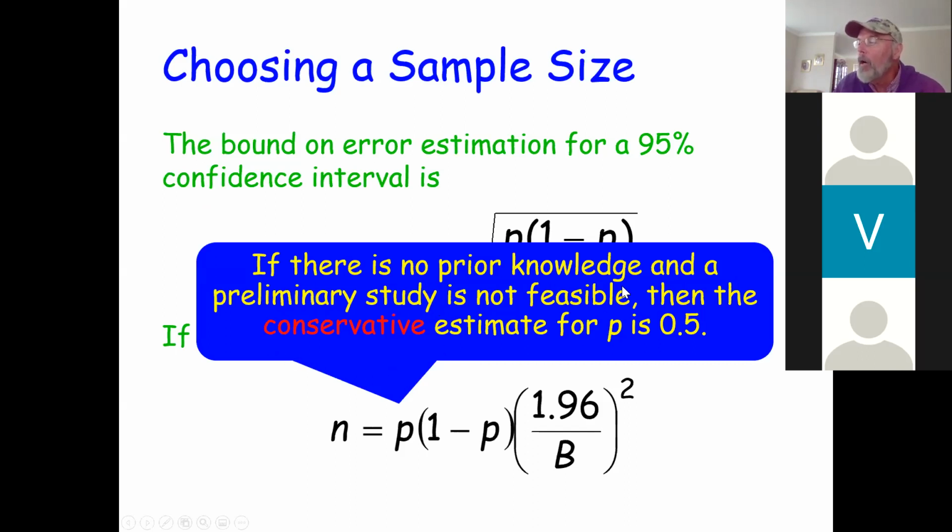If there's no prior knowledge or preliminary study, we want to use the proportion 0.5. And why is 0.5 something that is conservative? Why do we want to use 0.5 as the estimate of P? I'll show you that in the next slide.